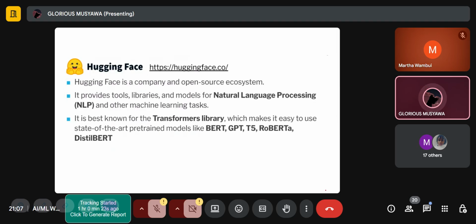It provides tools, libraries, and models for NLP and also computer vision and other machine learning tasks. It is best known for the Transformers library, which makes it easy to use state-of-the-art pre-trained models like BART, GPT, T5, RoBERTa. These are all different types of NLP models, technologies, that exist in the market.